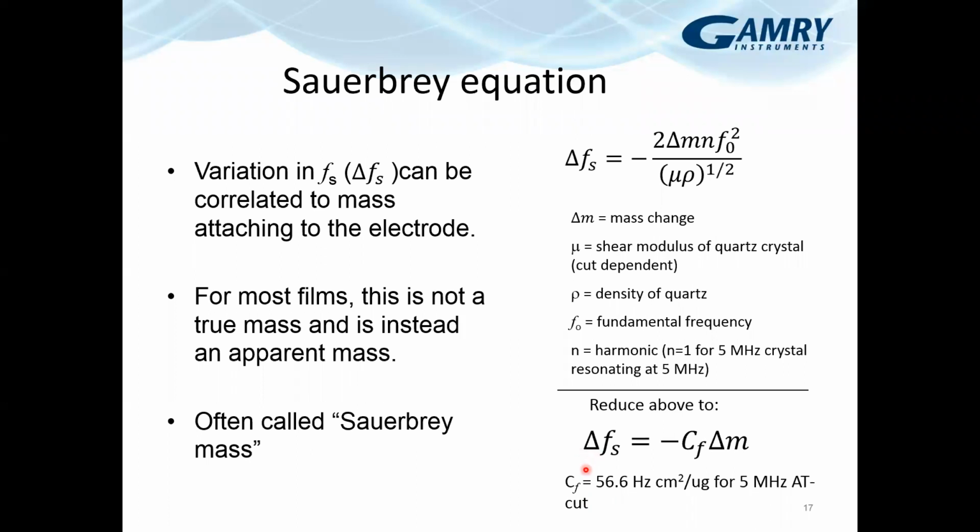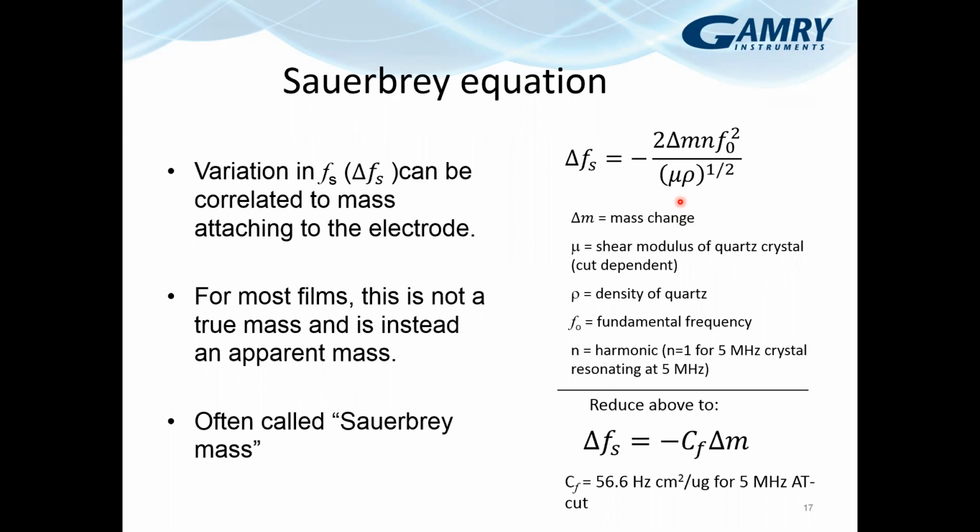And so, now with the Sauerbrey equation, there are a lot of assumptions built into making this correlation, and I'm not going to go into that here. That's going to be an advanced topic. But for most films, this conversion from frequency shift to a mass change is not a true mass.